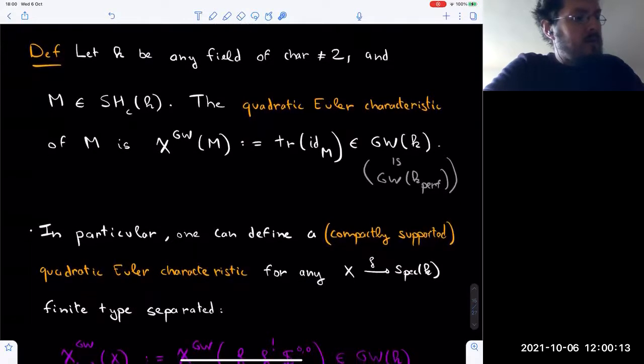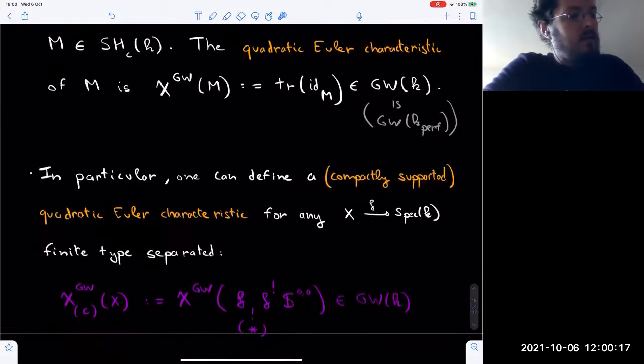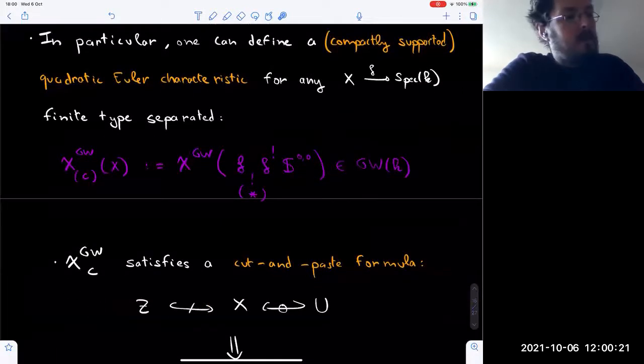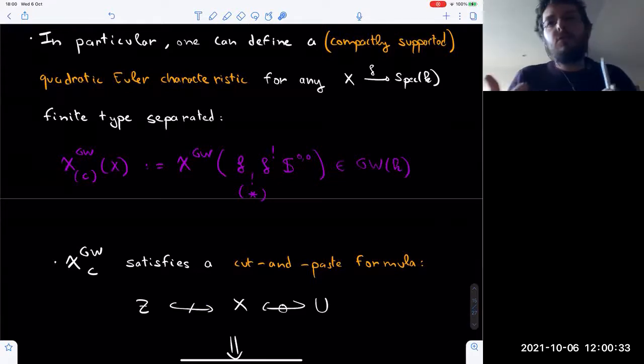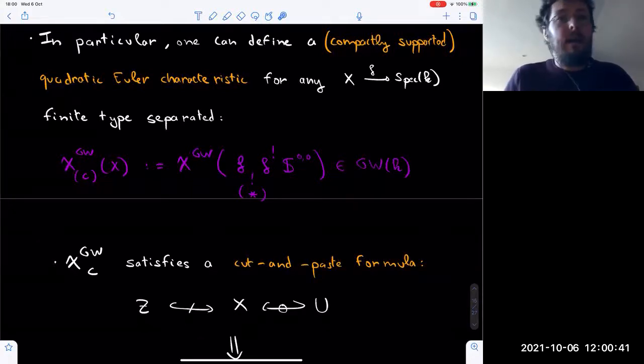So that's one thing that works for anything, but you can do something which is more tightly connected with geometry, using this formalism of 6 operations that I mentioned. Roughly speaking, as in topology, you want at least two different types of Euler characteristic, one which is the normal one, and one which is the compactly supported one.